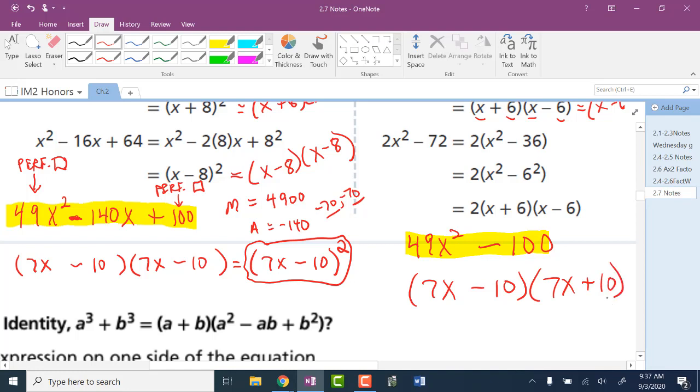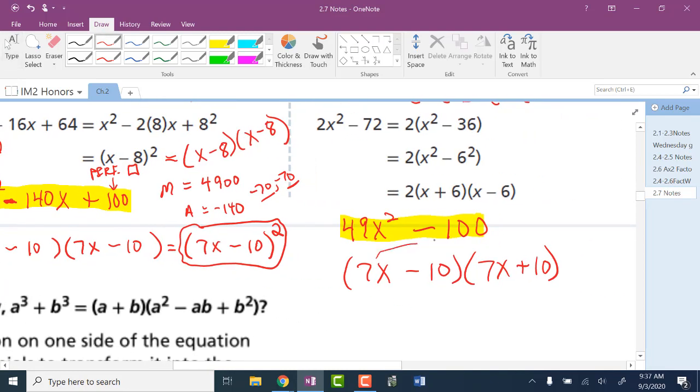Don't care who you write first. Good FOILers, good factors. 49x squared, negative 100. That's why we need the opposite signs. Middle term is crushed. 70x and negative 70x. All right? All right.